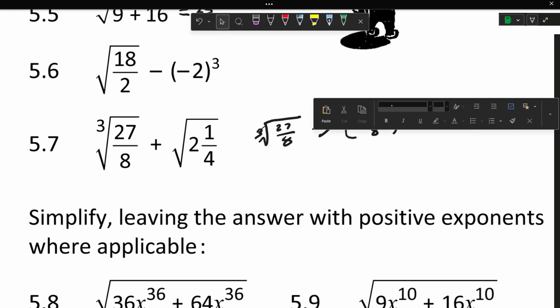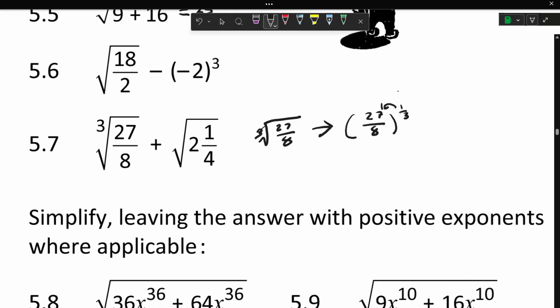Then we can distribute that into the fraction on each level, and we get the cube root of 27 over the cube root of 8, which is going to be 3 over 2. The other problem here is going to be 9 over 4, so plus the root of 9 over the root of 4, and that is 3 over 2.